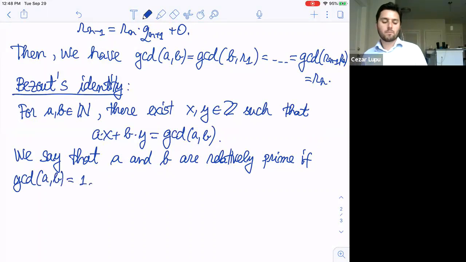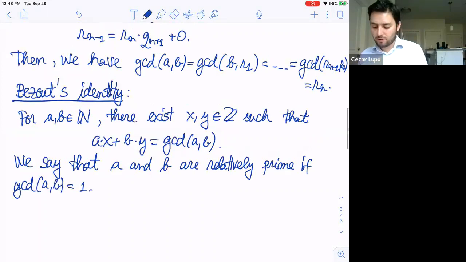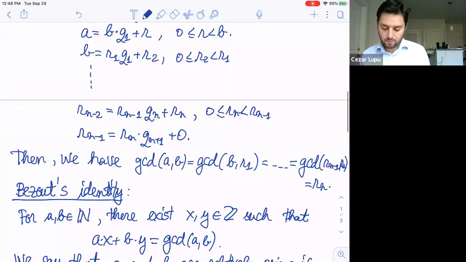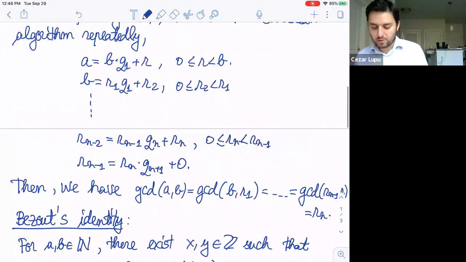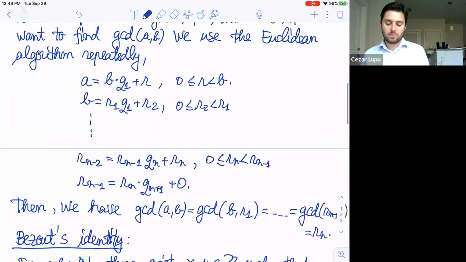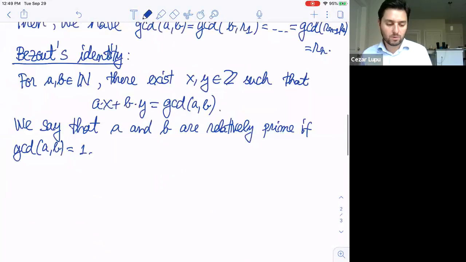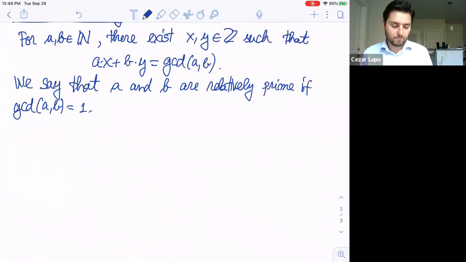Okay. All right, that's for starters. So this is basically what you need to know with divisibility, about the Euclidean algorithm and so on.